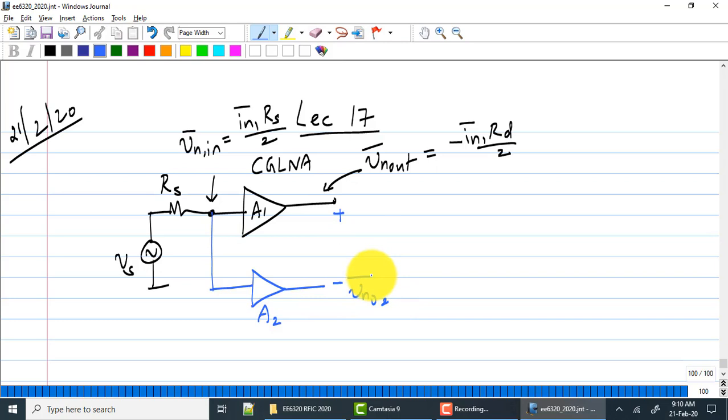Okay. First, VOD is V plus minus V minus. So first question, what should be the magnitude and phase of VNO2? Let's assume for now that A2 is noiseless. I want zero noise at the output.